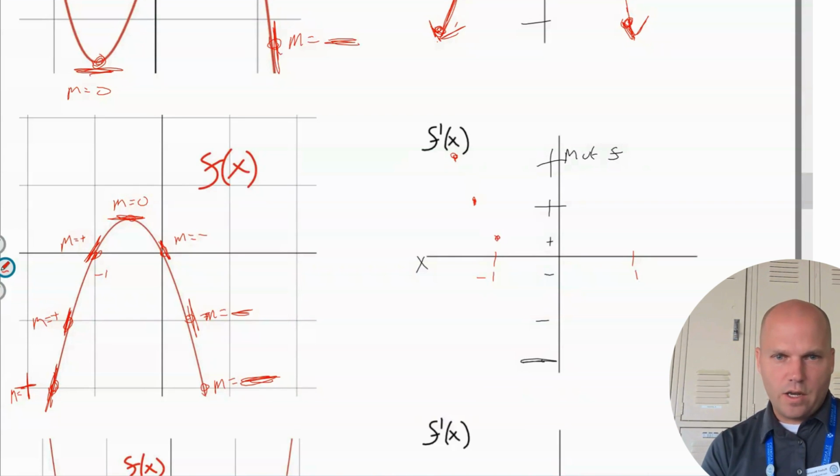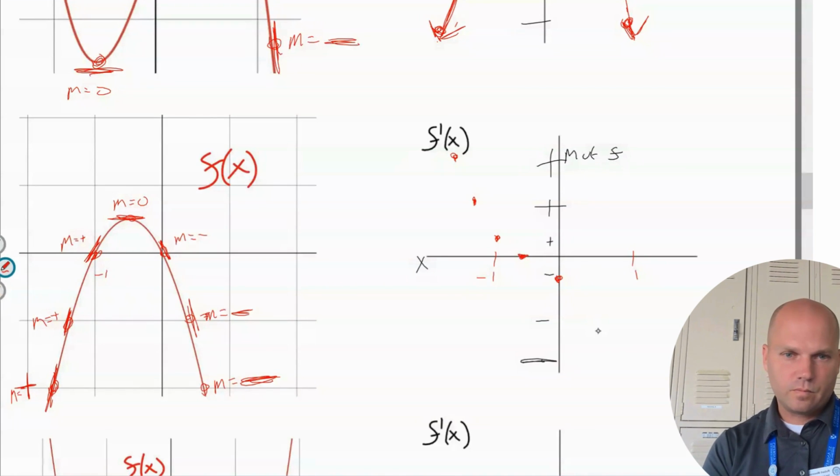At -1, I am a little bit positive. That's important. Don't put a 0 here at -1. At -1, I am a little bit positive. In between, I have a 0. And then at 0, I have a little negative. And then I have a more negative. And then I have a more negative. I don't even get there. So over here.